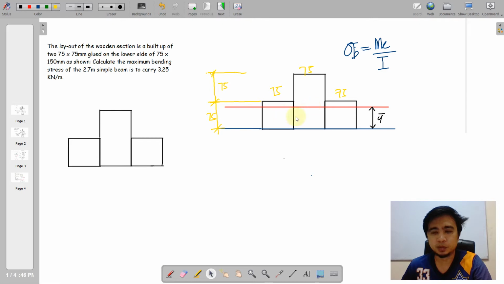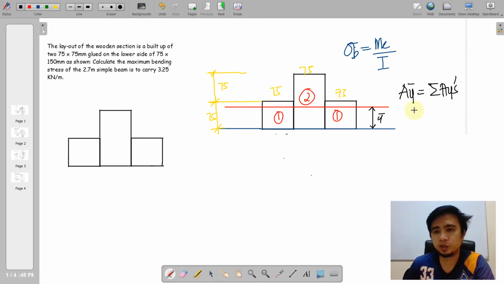There are 3 areas here, wherein there are 2 identical sections. So I'll label the 2 identical sections as 1 and the larger section as 2. And we will be using this formula to obtain the y bar.